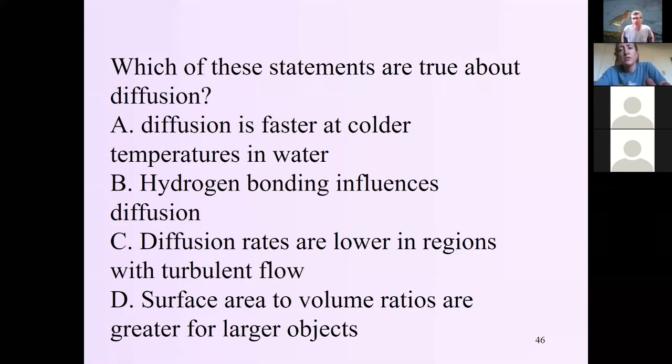As you make a very small object, it has more surface area around it per unit volume than a very large object.